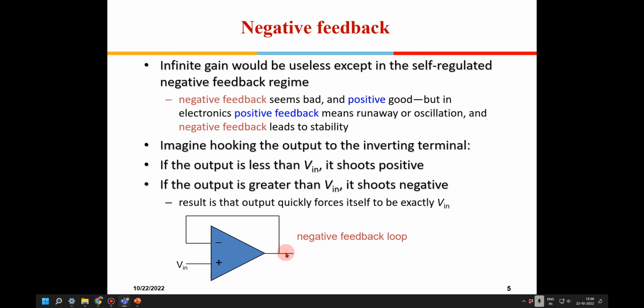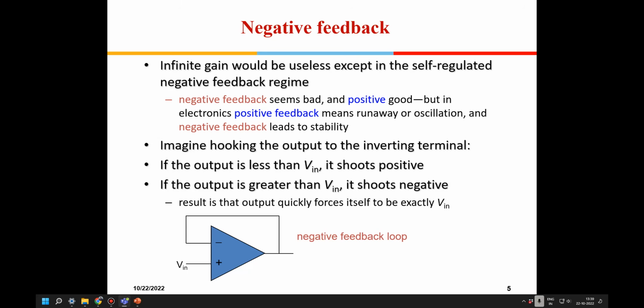So sir, this unity gain, are we using the same formula which we learned in the last class, 1 by 1 plus A beta? No, negative for the negative feedback.